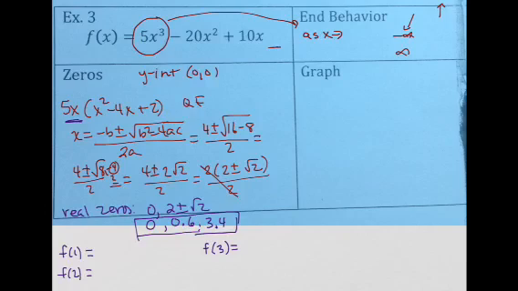Okay, so f of 1, replace all the x's with 1, and so you get 5 minus 20 plus 10. So that gives you negative 5. When you plug in f of 2 into the problem, you get 40 minus 80 plus 20.